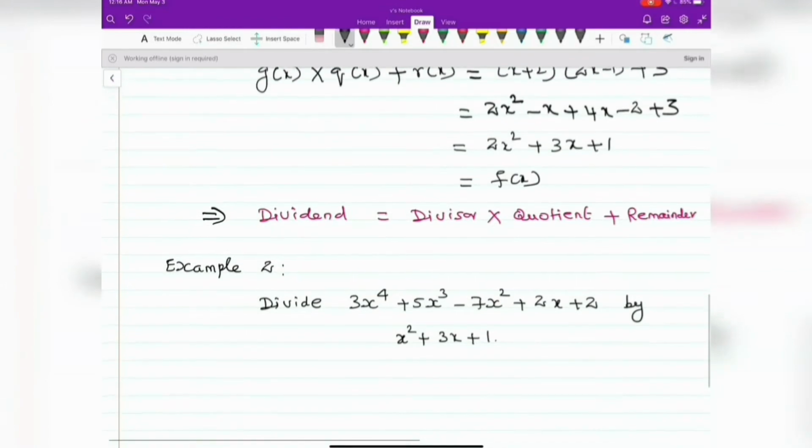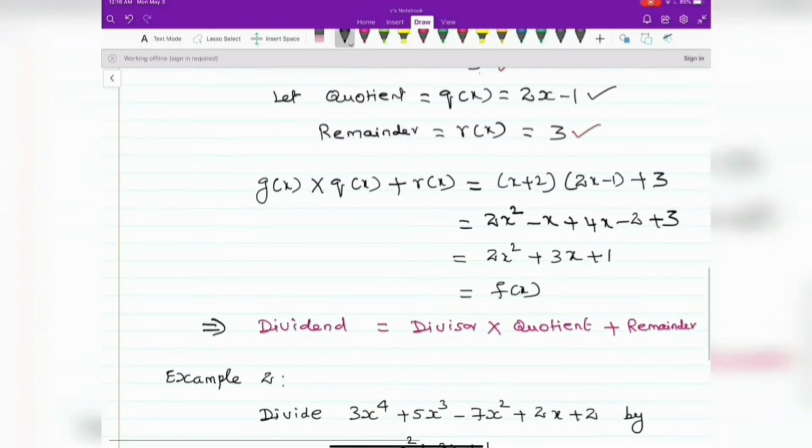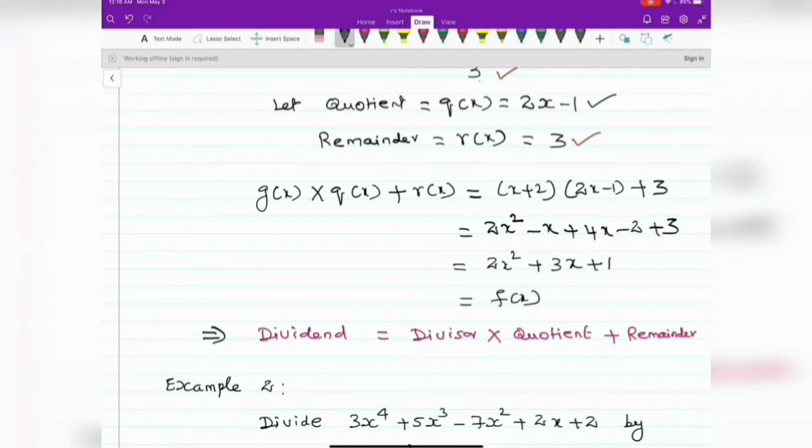See, while dividing, you have to keep this particular point in your mind. Both the dividend as well as the divisor should be written in standard form. What do I mean by standard form? Both the polynomials should be written in either ascending power of x or in descending power of x.